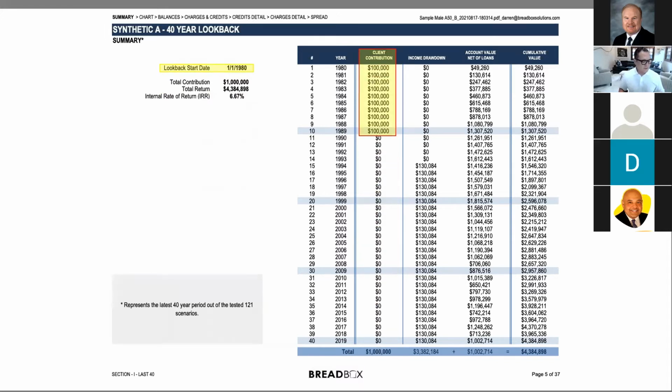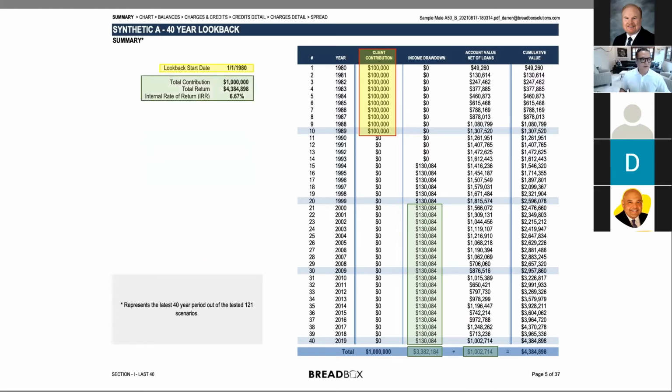We show the client contribution at 100,000 a year, and based on this particular back-tested 40-year period, the client could draw down just over $130,000 per year. And that box is a little off there, but $130,000 per year, which would be a total of $3.3 million in total income drawn down. At the end of 40 years, you would still have just over $1 million in account value.